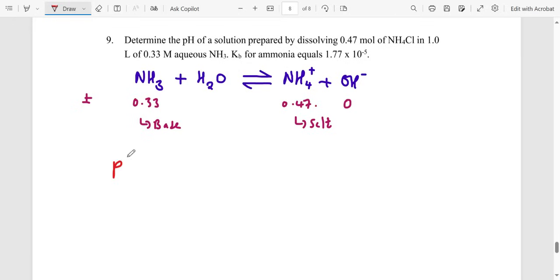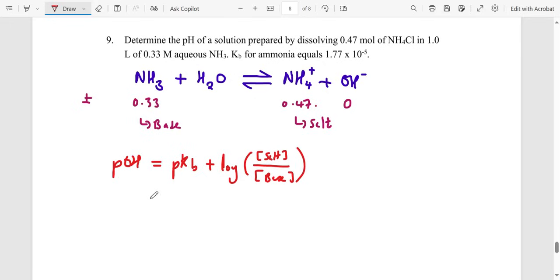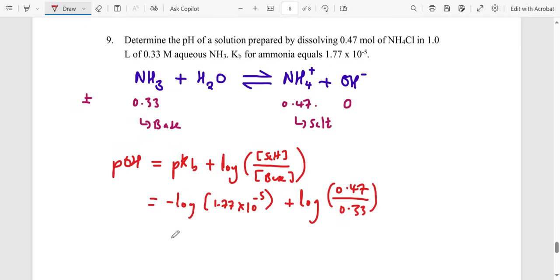Since we've been given a base, we find the pOH by saying pKb plus log the concentration of the salt divided by the concentration of the base. pKb is negative log of Kb, which is 1.77 times 10 to the power negative 5, plus log the salt concentration 0.47 divided by 0.33, which is the base.